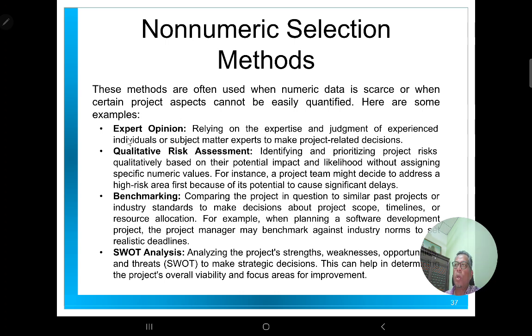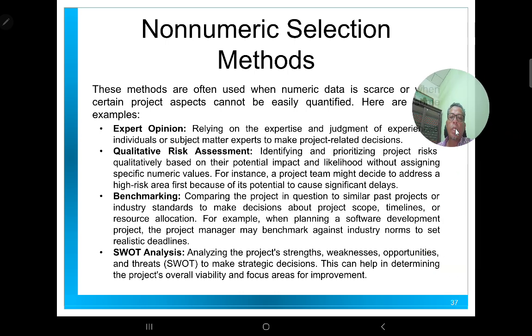It can also be based on benchmarking, where you compare the project in question to similar past projects or industry standards to make a decision. For example, when planning a software development project, the project manager may benchmark against industry norms to set realistic deadlines.